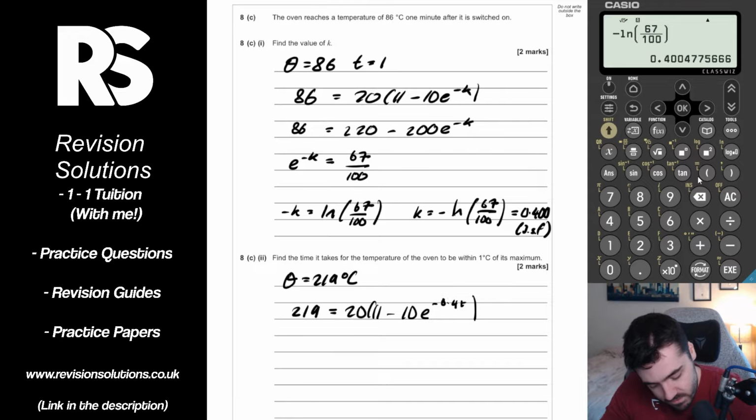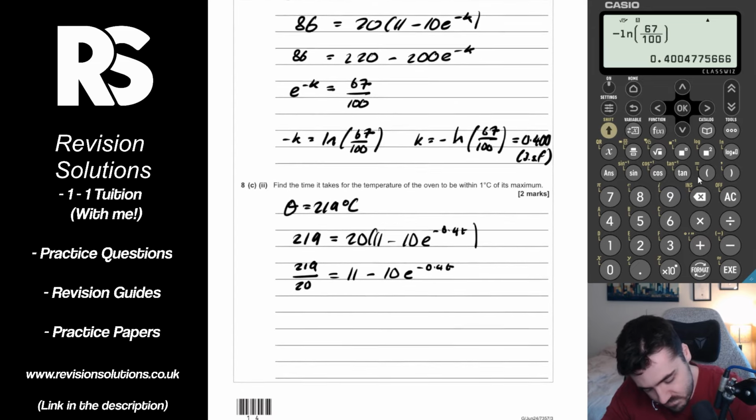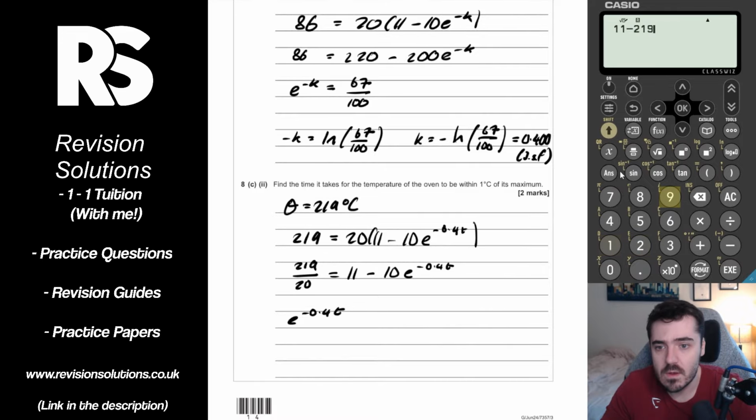Okay, so then we've got to rearrange. Dividing by 20, we'd have 219 over 20 equals 11 minus 10 e to the minus 0.4t. So then e to the minus 0.4t, if we maneuver that around, that's going to be 11 minus the 219 over 20.